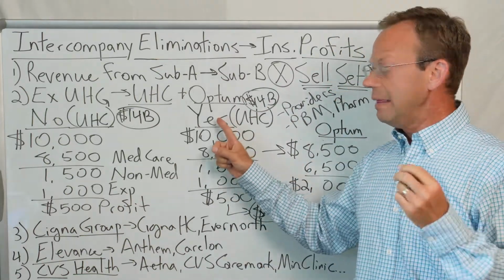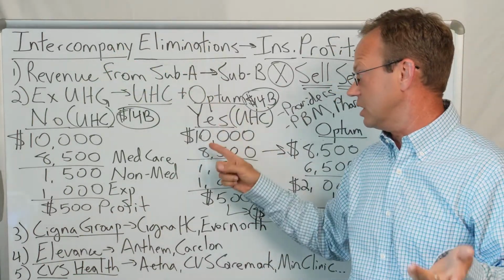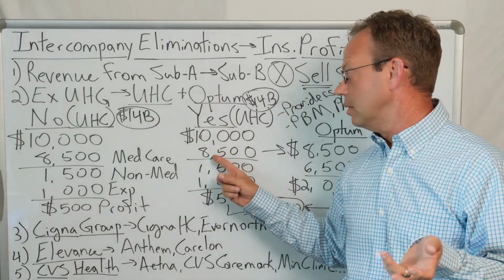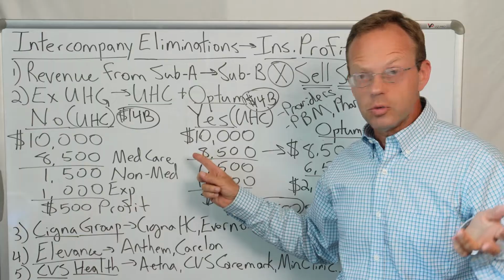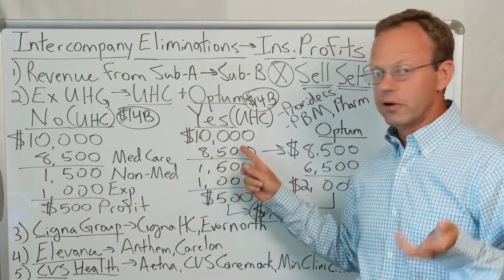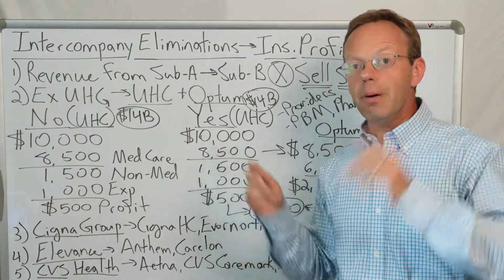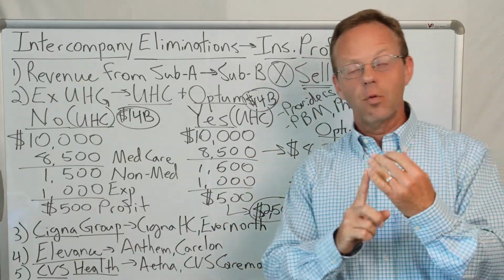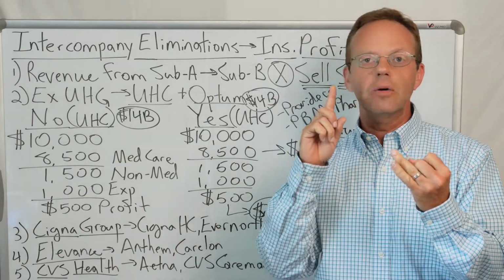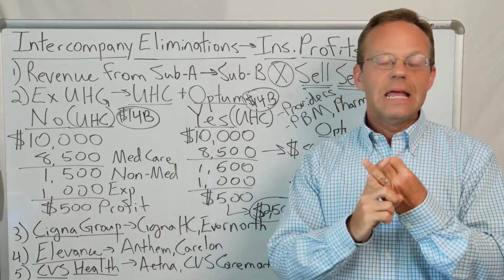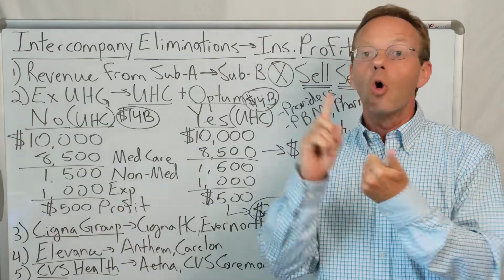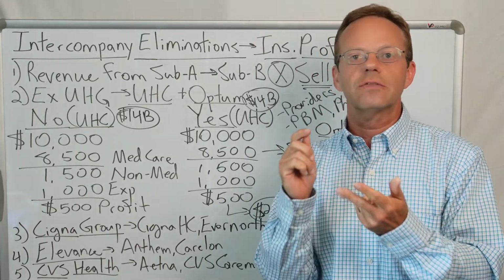In the case of an intercompany elimination, again, let's say United Healthcare is getting $10,000 of premium for an individual, and they're spending $8,500 in medical care. Hypothetically, let's say that $8,500 is for doctor's visits, imaging, a procedure at an ASC, home health care, or even their specialty pharmacy services and the PBM.